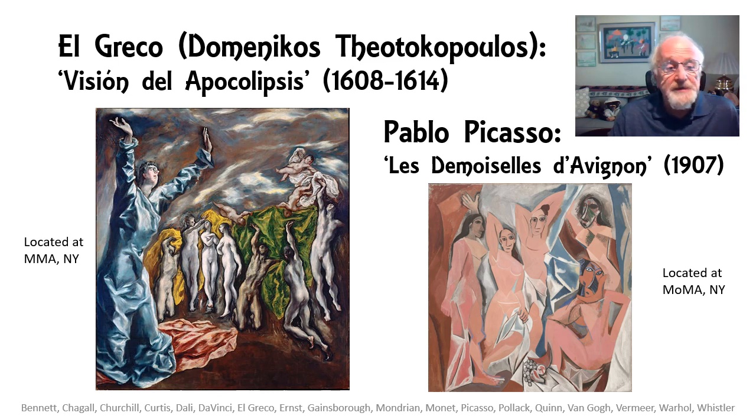Also known as the Vision of St. John, this painting is the most famous artwork of El Greco's later years. It depicts a passage from the book of Revelation in the New Testament, where the fifth seal is being opened at the end of time, and the souls of the martyrs are crying out to God for deliverance.